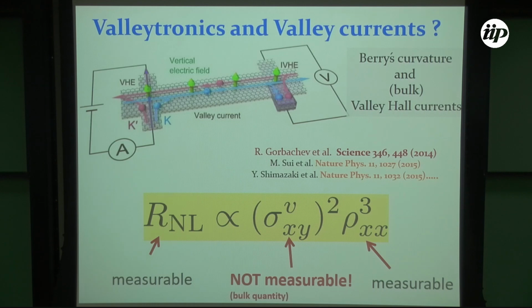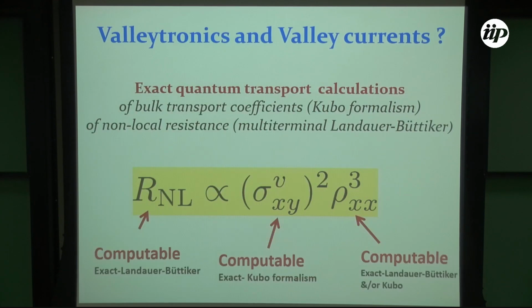But in the case of the valley Hall effect, how can we discriminate between a non-valley-dependent signal and a valley-dependent signal? From the theoretical point of view, we can compute this quantity independently, and so we can investigate whether this relationship between the valley Hall conductivity, driven by some bulk property and Berry curvature, is the quantity of relevance to explain the non-local resistance signal.